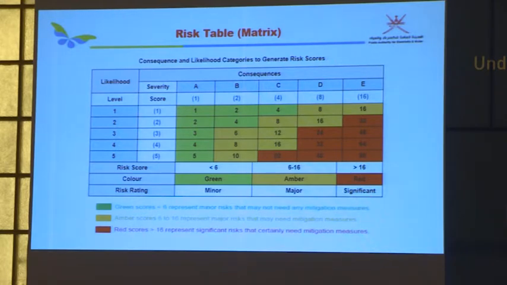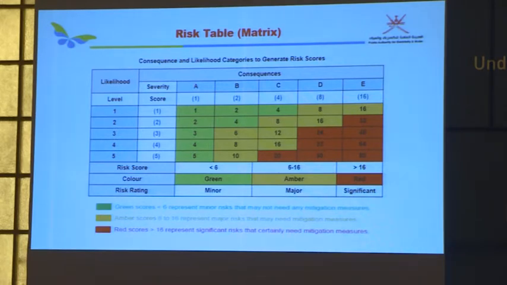So we have the level of likelihood from 1 to 5, then the severity from A to E, and then we define the risk. Green is minor. The definition of green, minor severity, is a score below 6, representing minor risk that may not need any mitigation measure.